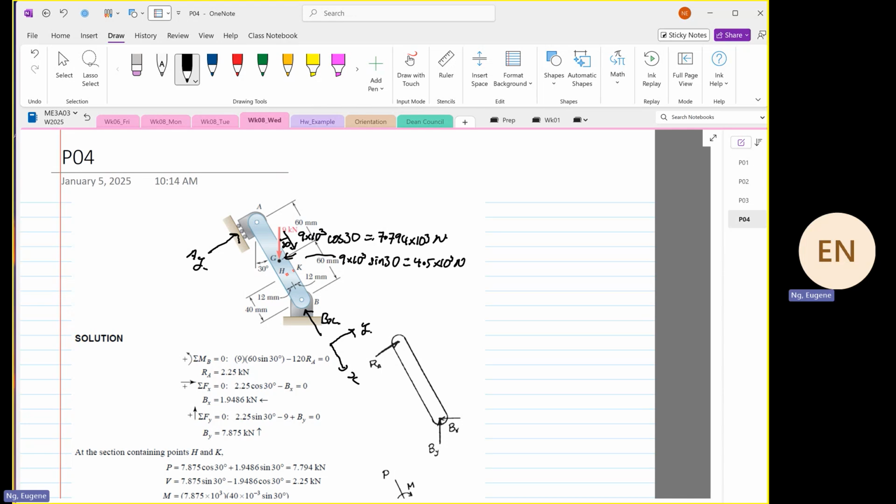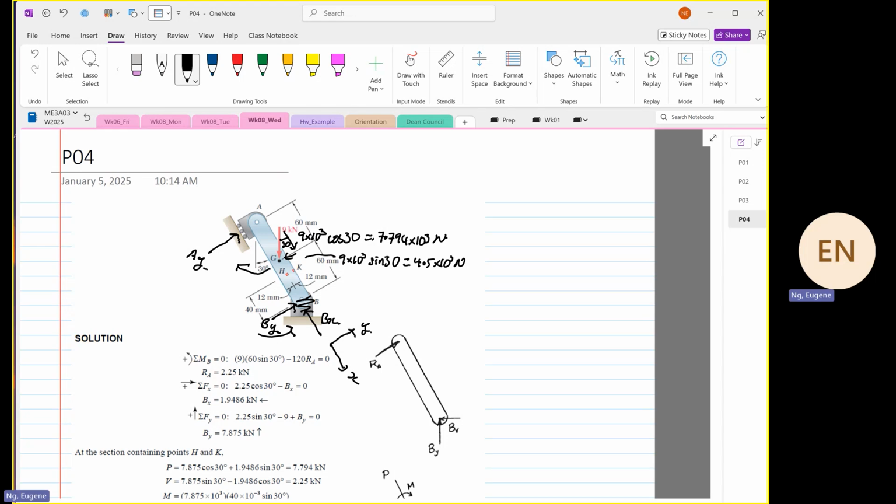What do I mean he envisioned moment? If we remove this support, this force will generate a moment. The 4.5 will generate a moment going this way, yes or no? So you need a counter moment over here. When you have a counter moment, this is where you have your DY.